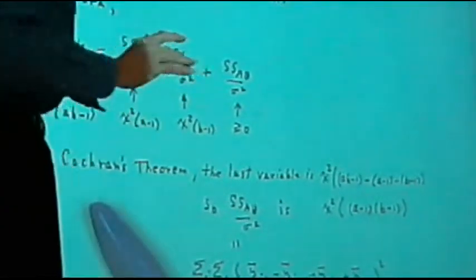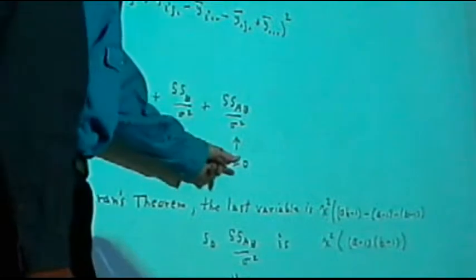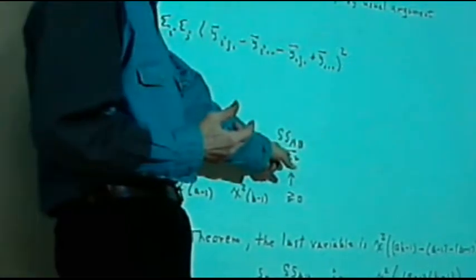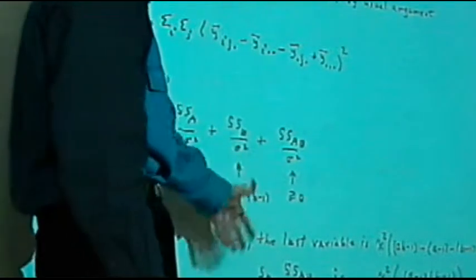Now our expression is here, and you can see it's a sum of something squared, so it could never be negative. It's always greater than or equal to 0. So that's satisfying. So we've got everything all set up to apply Cochran's theorem to say the one piece that's missing, maybe that one, must be chi-square. It's the only possibility for it. And so that's the conclusion that we write here.